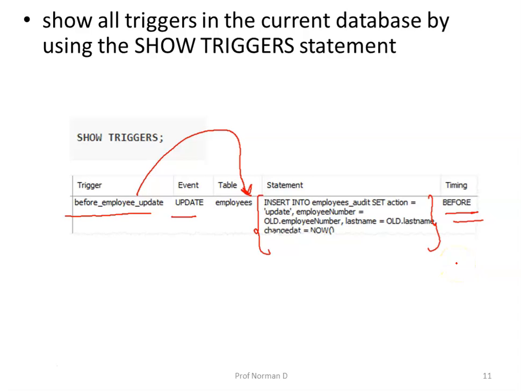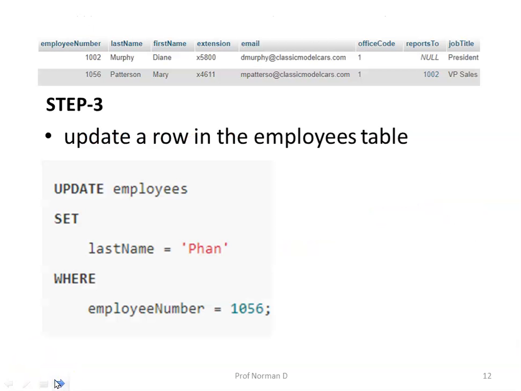Now we'll see how this particular trigger works. We now know that there are many tuples already existing in the employees relation, but the employees audit relation does not have any tuples in it because we have not inserted any data in the employees audit table. Now step 3.